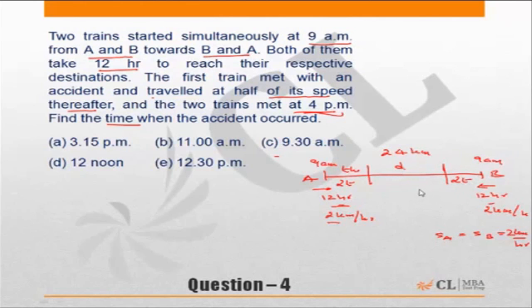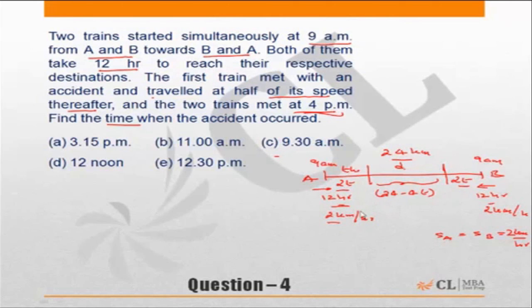So what is the distance to be covered between the two trains? Out of the total distance of 24 kilometers, 2t and 2t, or a total of 4t, has been covered by the two trains together. So the distance left, or the gap between the two trains now, is nothing but 24 minus 4t.